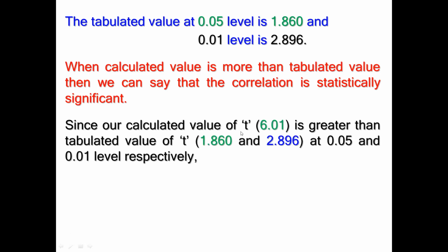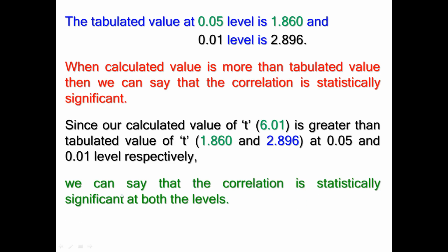Since our calculated value of t is 6.01, which is greater than the tabulated value of t, that is 1.860 for 0.05 and 2.896 for 0.01 level of significance respectively, we can say that the correlation is statistically significant at both the levels, at the level of 0.05 and at the level of 0.01.